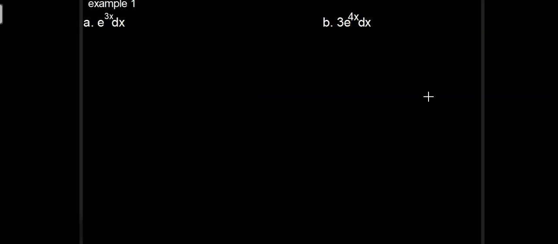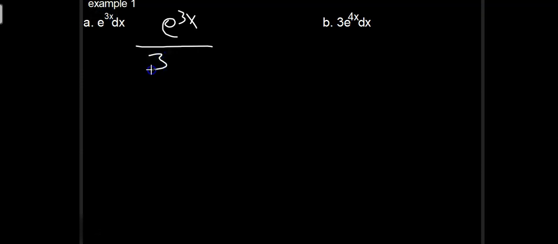Okay, so the first question says e raised to the 3x. My formula says a raised to the kx, the whole over k ln a. So I'm just going to write this whole thing again: e raised to the 3x, and then the whole over, k means this 3, so I'm going to write this 3 in my denominator spot.